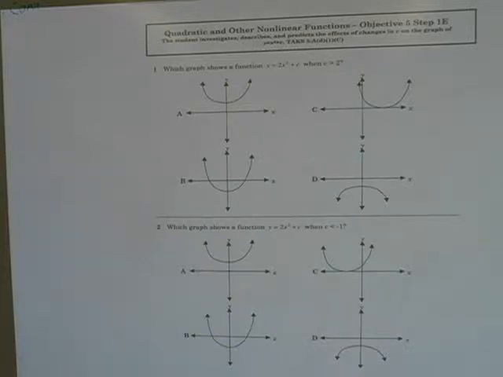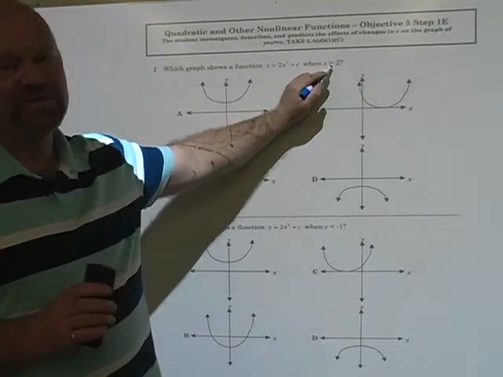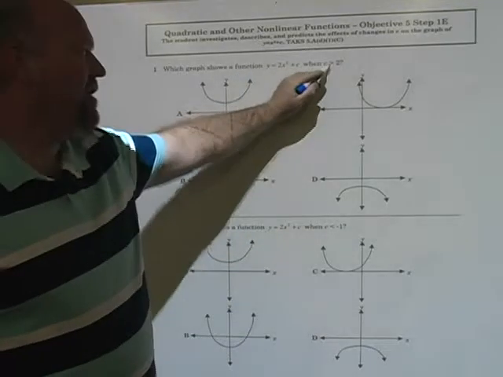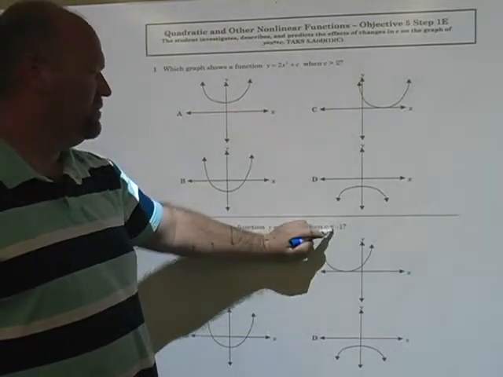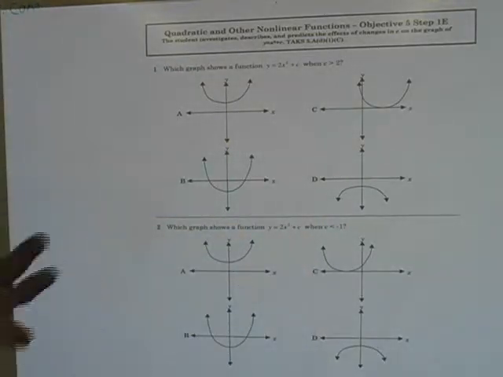Okay. Which graph shows a function y equals 2x squared plus c when c is greater than 2? If you don't remember what these symbols mean, make sure you understand them. Okay, this is greater than, this is less than. There's different ways of remembering that.